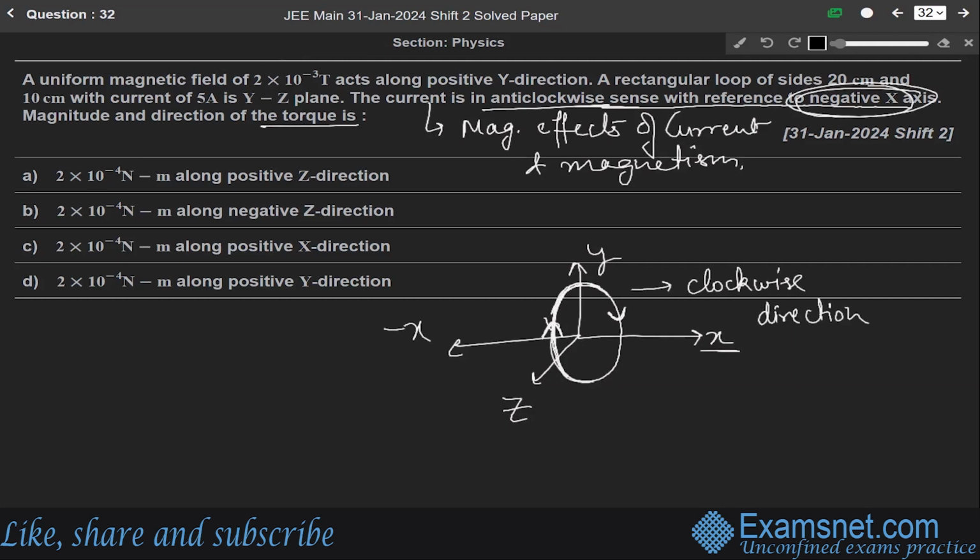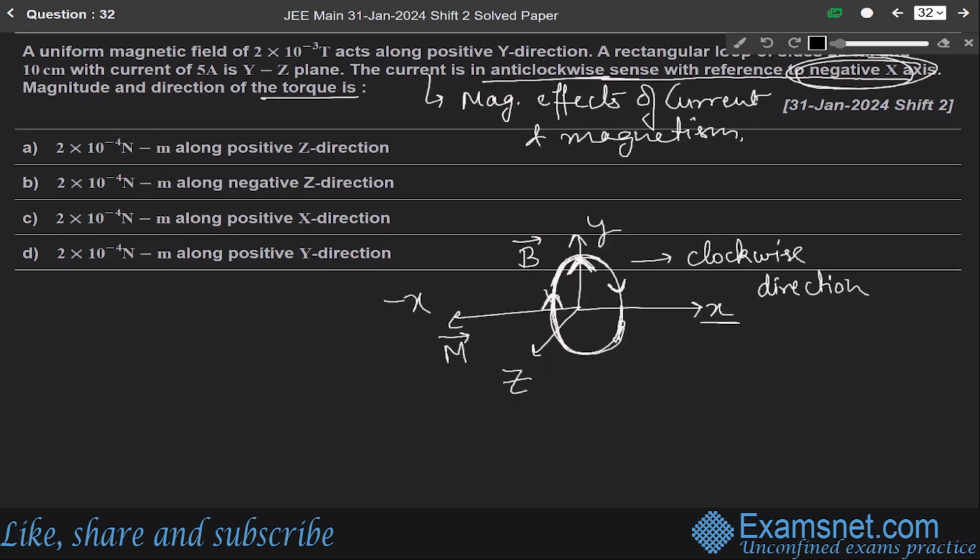And it is in the YZ plane; we have made it in the YZ plane. The magnetic field is in the Y direction, B. So if the magnetic field is in the Y direction and the current is flowing in the clockwise direction, the magnetic moment will be in the negative x direction.